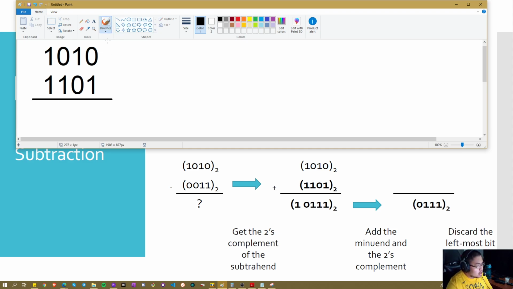Again, don't forget how we add this. 0 plus 1 is 1, 1 plus 0 is 1, 0 plus 1 is 1, and 1 and 1 is 0, so 0110. So that is the answer. Now we need to discard the leftmost bit placement. So we need to discard this one. So the answer here is 01111. That's just how we subtract using binary.